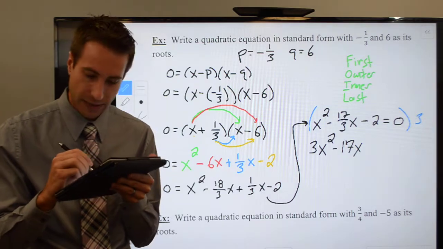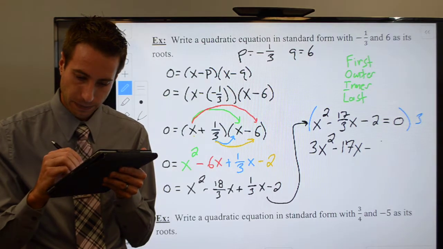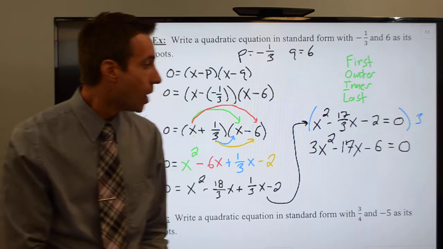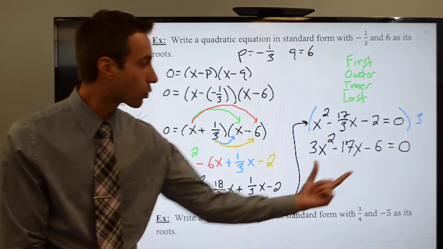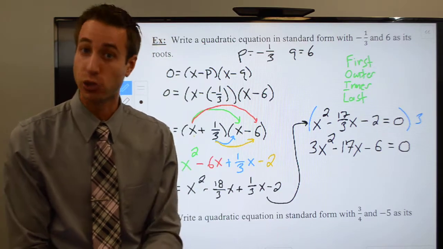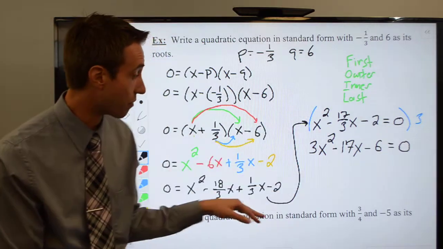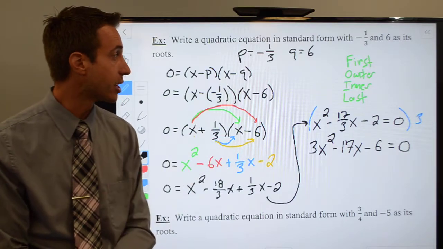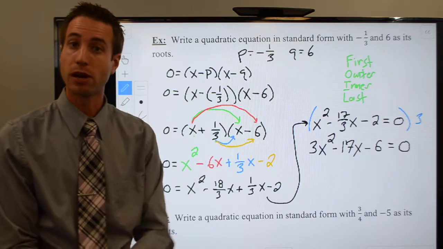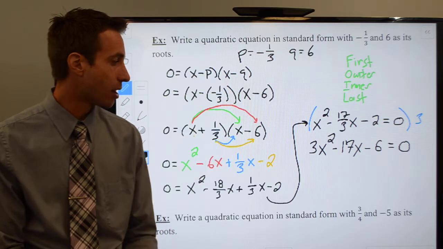And then I wind up with a negative 6. Is all equal to 0. So there you go. What you've got here is this quadratic equation, 3x squared minus 17x minus 6. If you were to solve it by factoring, which would be the reverse of what we just did, you would wind up with the roots of negative 1/3 and a positive 6.